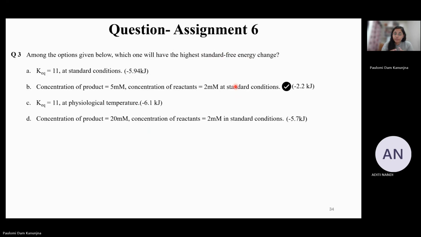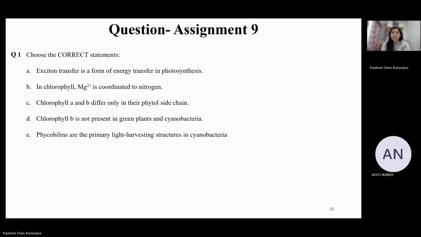If it is at physiological temperature and not at standard conditions, this is the change in the value. And the question is, which one will have the highest standard free energy change? So we know minus 2.2 is the highest. Right? Great job. Next one.